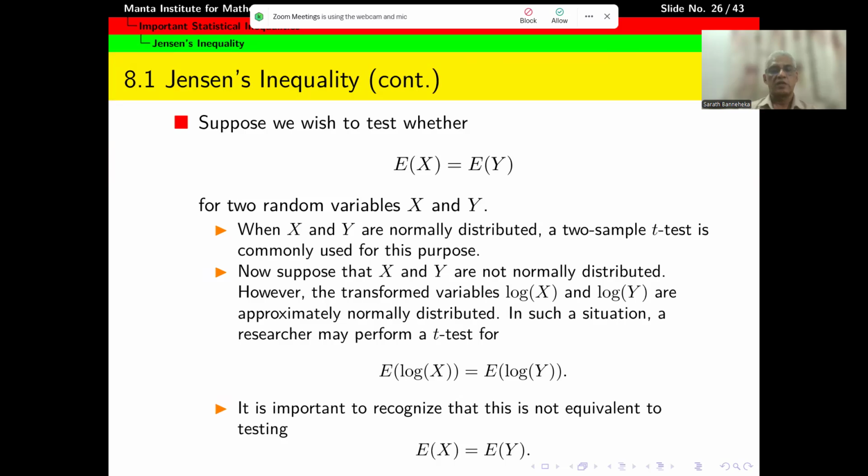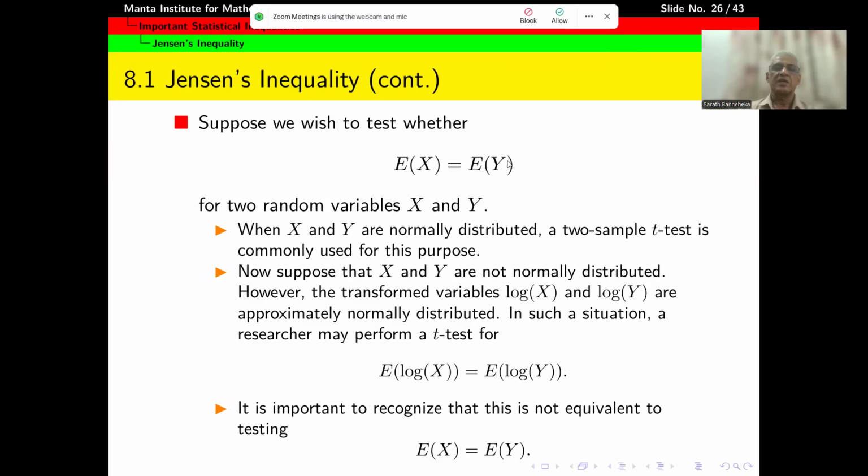So if you want to test this hypothesis, under some particular assumptions, there are some standard tests. For example, if X and Y are normally distributed, there is a test called the two sample t-test that can be used to check whether the mean of X is equal to the mean of Y, right? So in that case, we are talking about the population mean, but we don't have the data for the whole population usually.